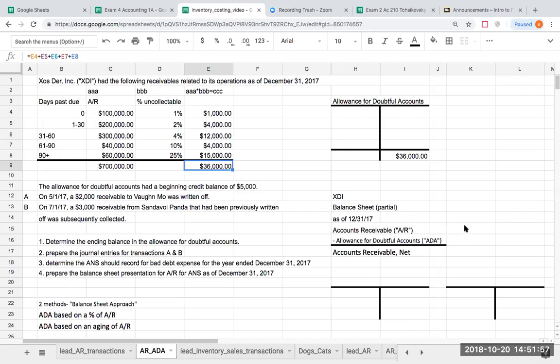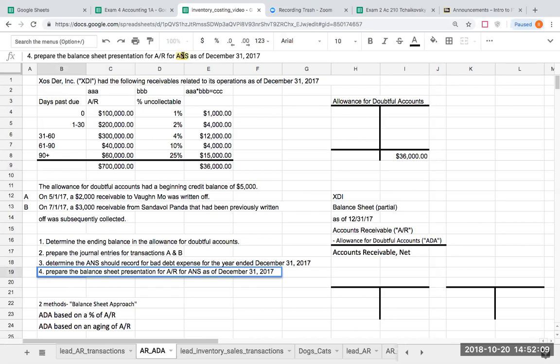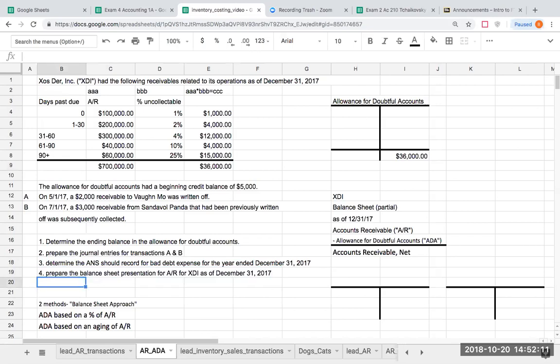So when we go to do the balance sheet, number 4 here, prepare the balance sheet presentation of accounts receivable for, I've got to change the name of this. This used to be Astros and 7, which is no longer the case. Prepare the balance sheet presentation for XDI as of December 31st, 2017. We can almost do that immediately because the balance of accounts receivable is $700,000.